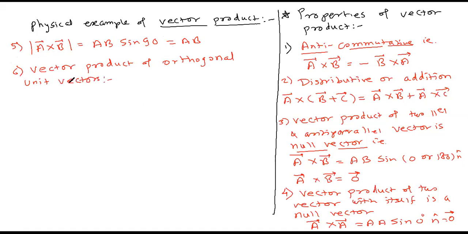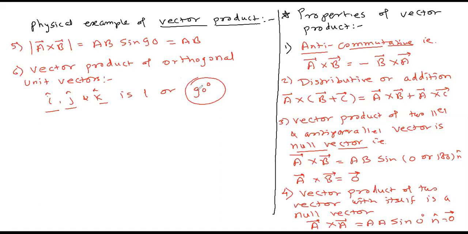Now see here, the magnitude of each of the vectors i cap, j cap and k cap, these are the unit vectors along the x-axis, y-axis and z-axis, is 1. Or we can say that the angle between any two of them is 90 degrees.